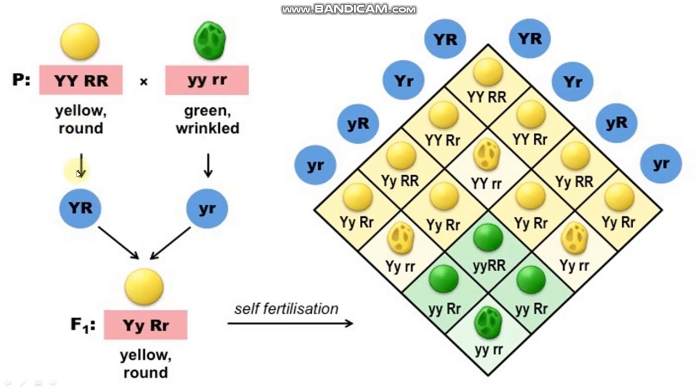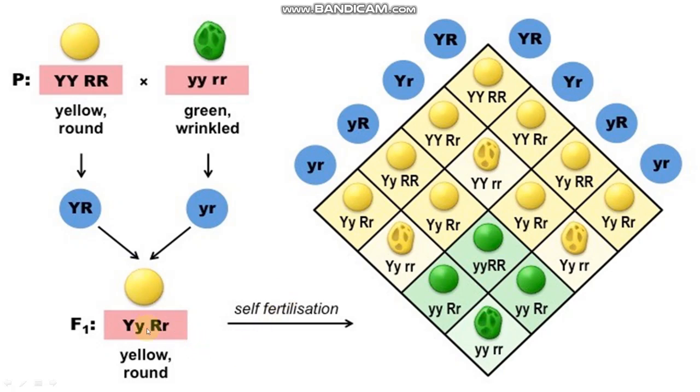You can see these gametes are formed after the fertilization. This F1 generation has the hybrid genotype capital Y small y and capital R small r. So after the self fertilization of this plant, what result will be there? That is given here.